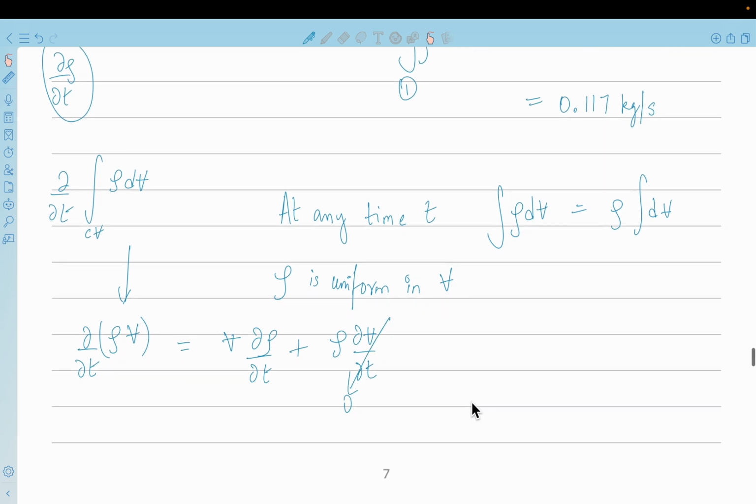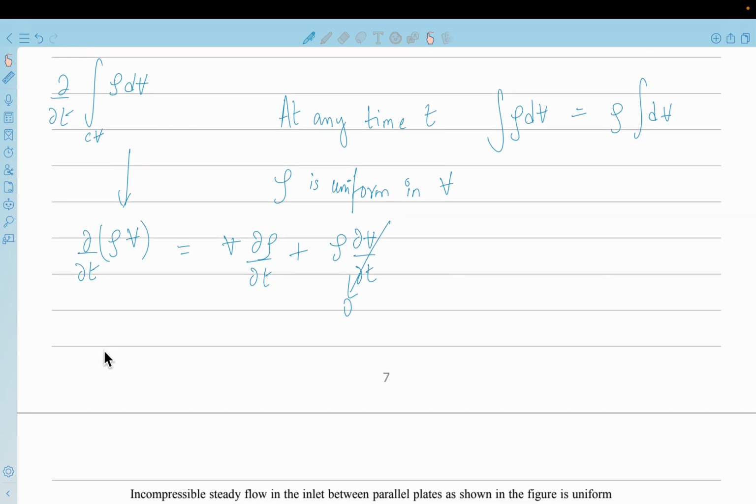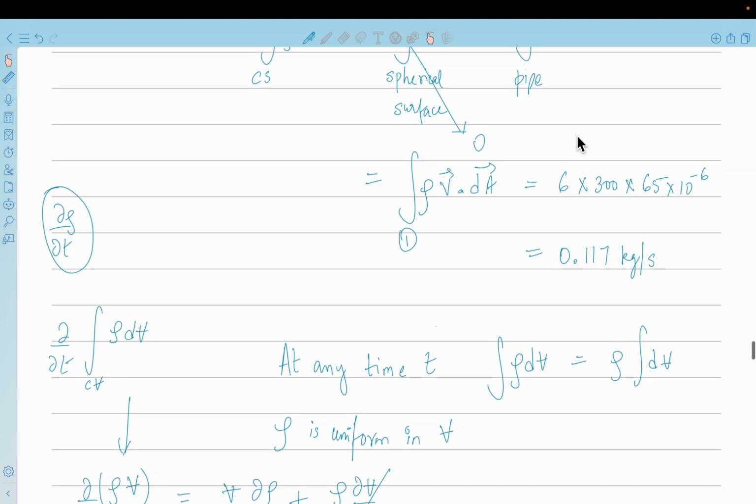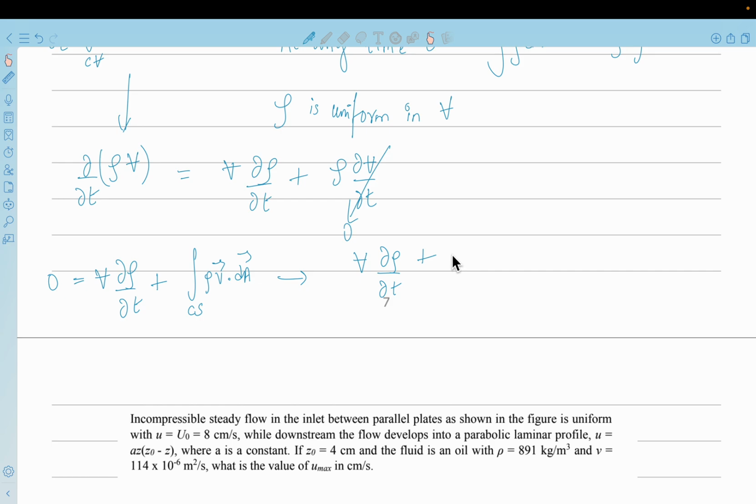So what are we left with? We have, finally, volume times ∂ρ/∂t plus the integral over the control surface of ρ v dot dA is equal to 0. And what this gives me is volume times ∂ρ/∂t plus 0.117 kg per second is equal to 0.